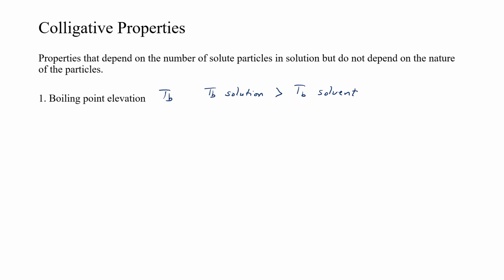The colligative property I have listed here tells you that the boiling point of a solution is always greater than the boiling point of the pure solvent, regardless of how many particles you have, regardless of what type of particles you have. If you have a solution, you will have more interactions, and the boiling point for that solution will always be greater than the boiling point of the pure solvent.